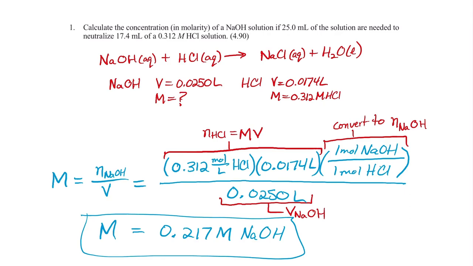So on the top of the equation, I have the total number of moles of sodium hydroxide. I divide it by the volume of sodium hydroxide, 0.025 liters, to determine the total molarity of the sodium hydroxide solution, which is 0.217 molar sodium hydroxide.